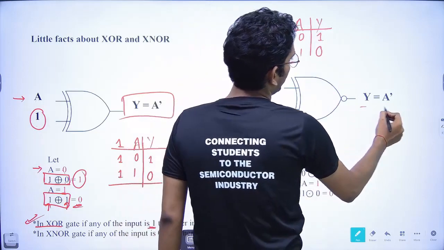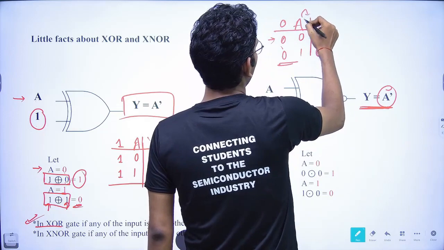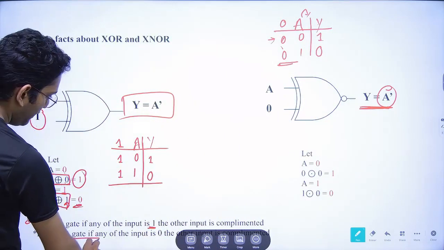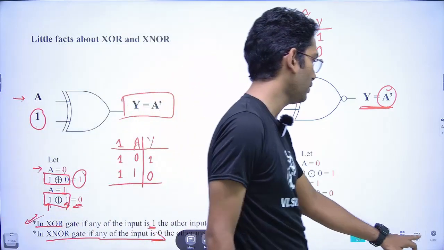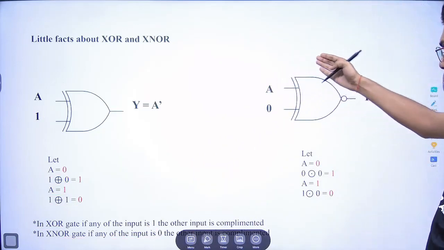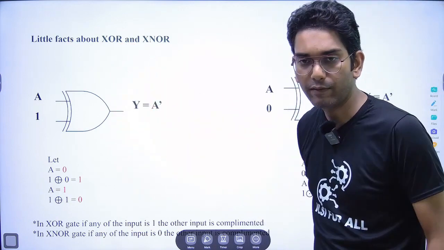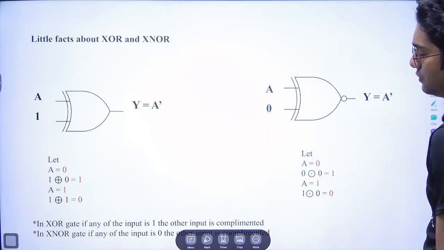Y is the complement of A. So in the XNOR gate, if any of the inputs is 0, the other input is complemented, or we can say in the output we get the complement of A. So these were the two scenarios that I have told you. This you should remember.